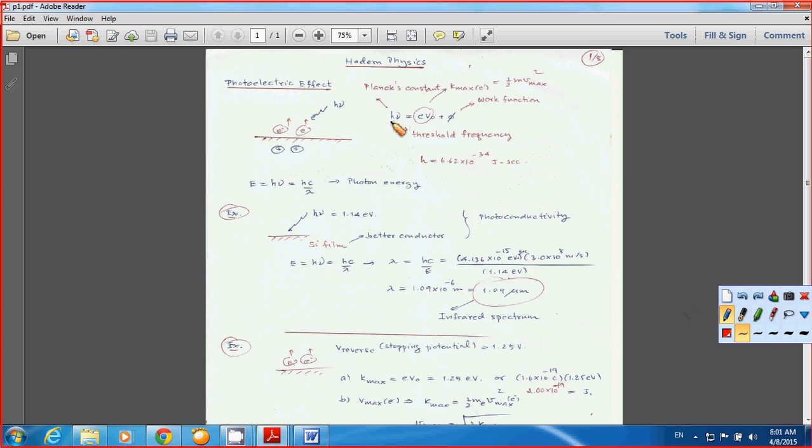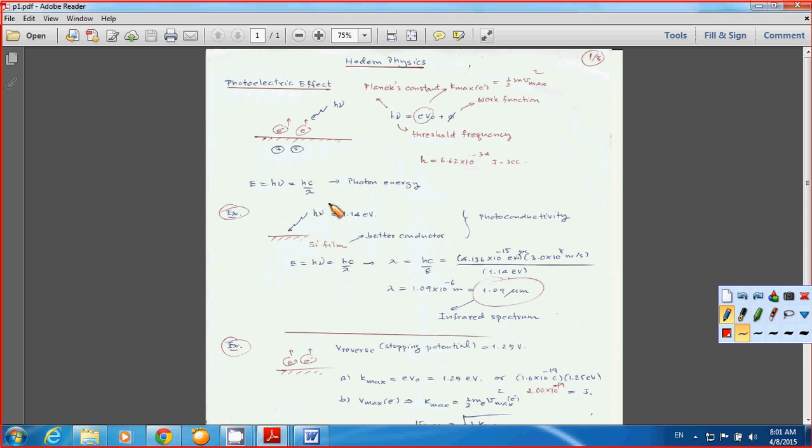Okay, so you already know that when you shine light with photon energy h nu, part of it is going to go to the work function, and the rest is going to give the electron moving around the kinetic energy equal to 1/2 m v max squared. For example here, if I shine light with a photon energy of 1.14 electron volt.